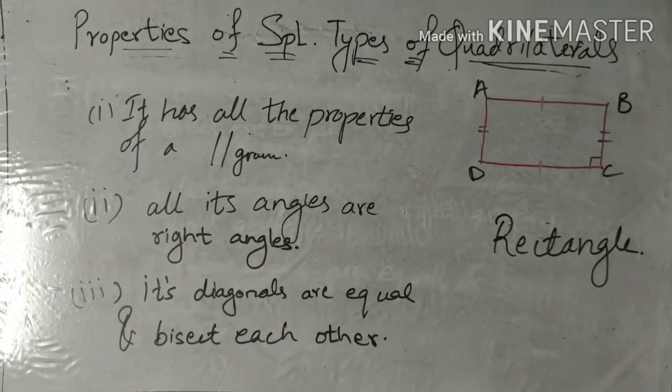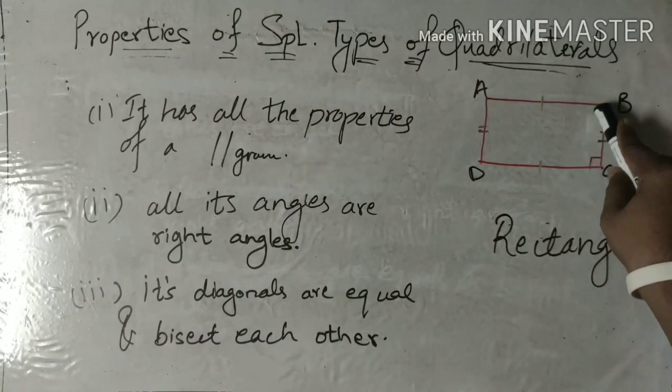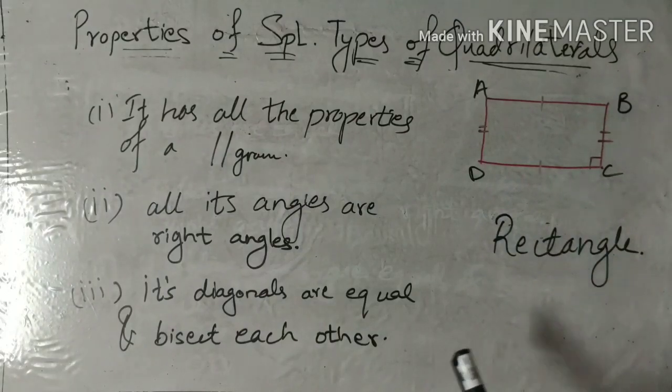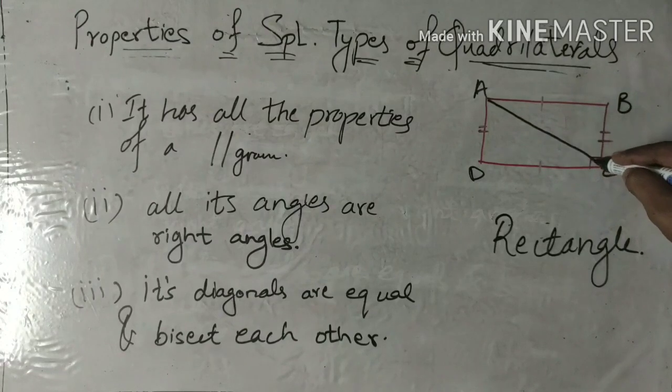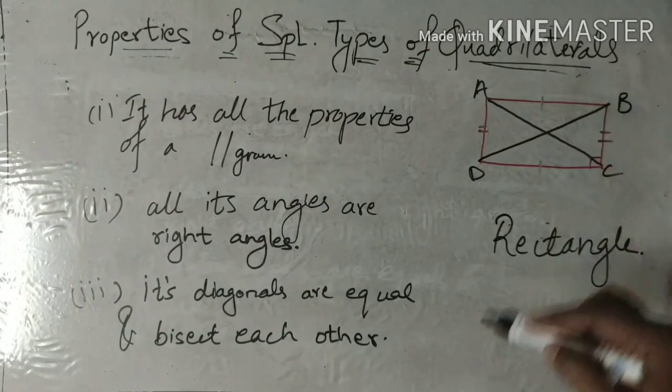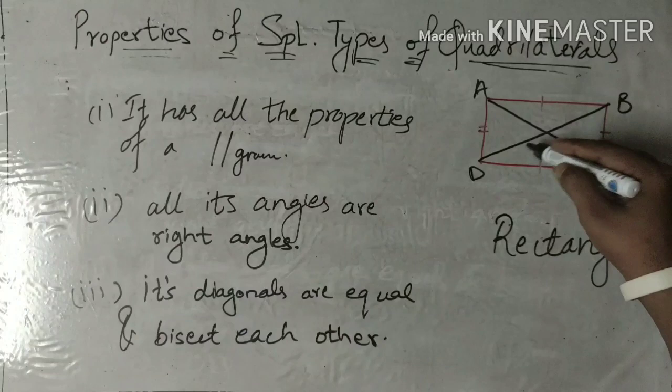Now this is the next type of quadrilateral, which has all the properties of a parallelogram. So you may also call this a special type of parallelogram. Rest all properties remain the same except for the addition of a few more properties, and that is all its angles are 90 degrees or right angles, and its diagonals, if I draw AC and BD, they bisect each other.